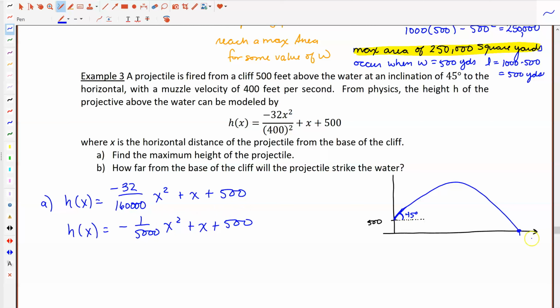Now over here, the variable x is the distance the projectile is from the base of the cliff, and my y value is h of x, or the height of the projectile. We're going to be finding that maximum height. I want to know what this value is right here. In order to find that value, we need to find this vertex.